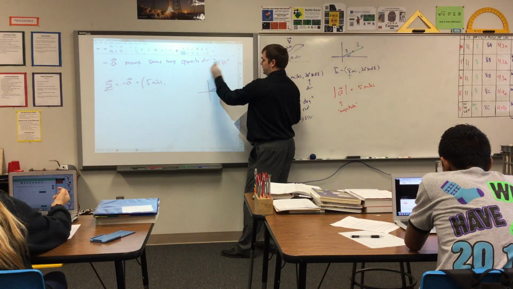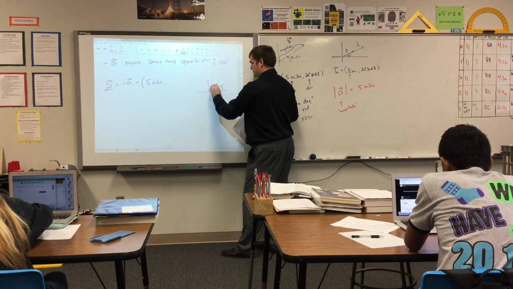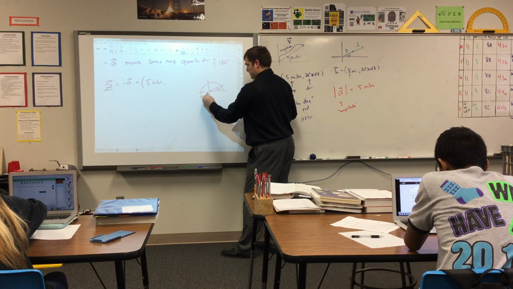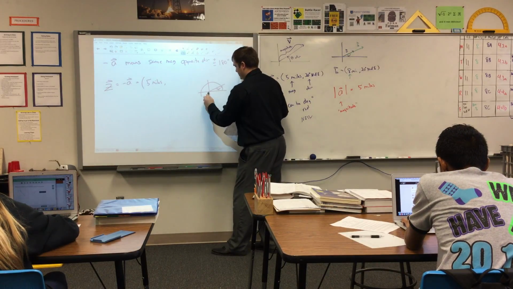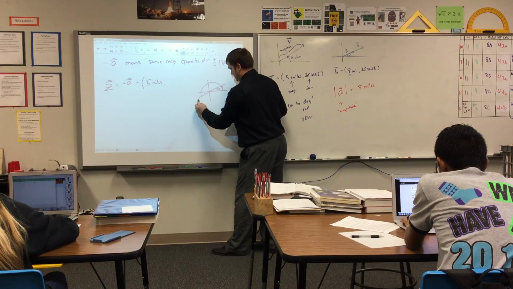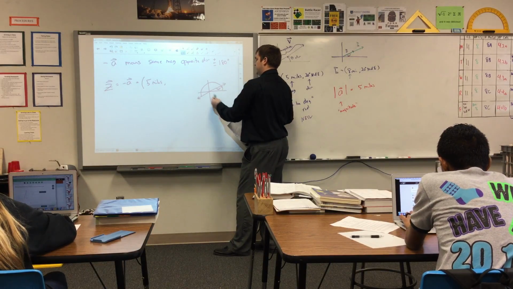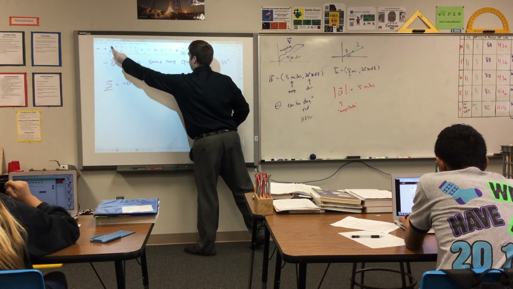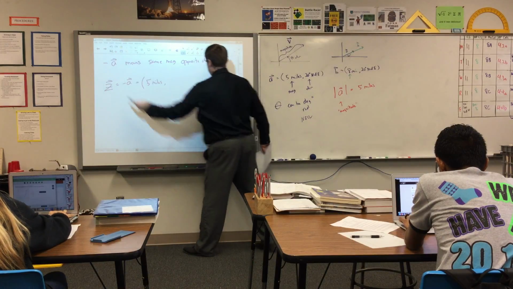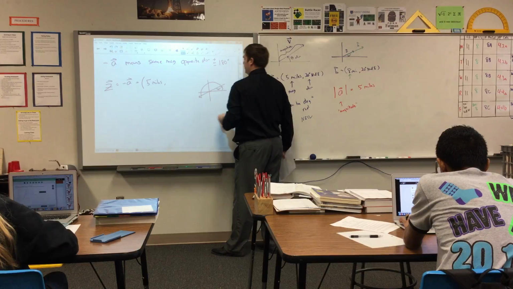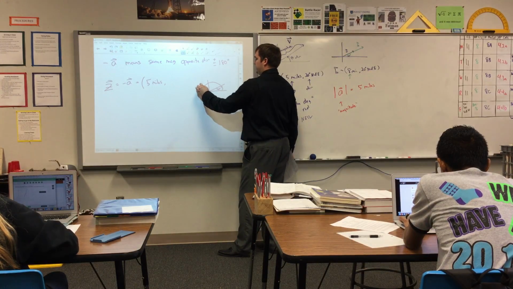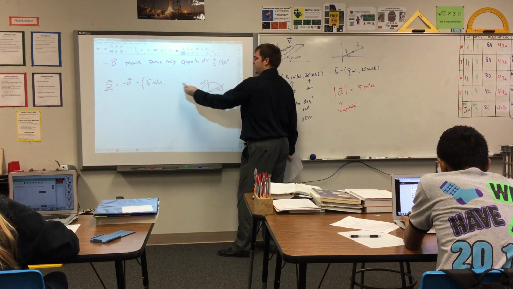If I add 180 to that, ooh, that doesn't look good. Hopefully y'all can draw something better than I can. Okay, there we go. So if we add 180 degrees, what's the new angle going to be?